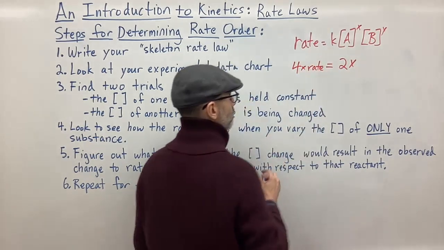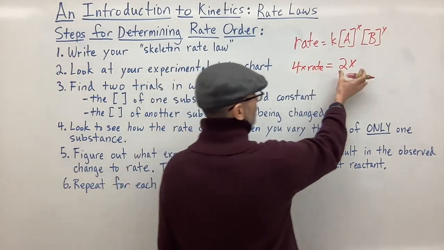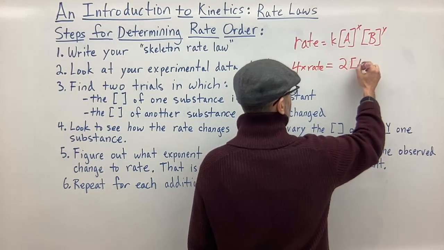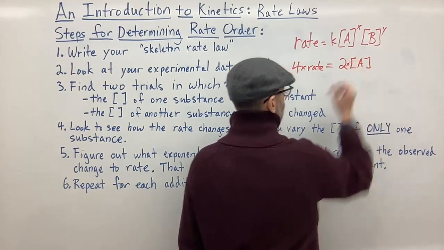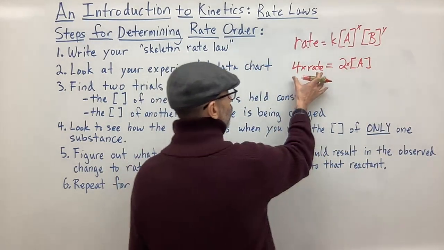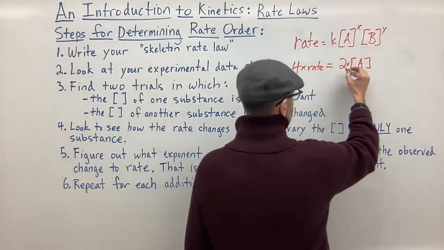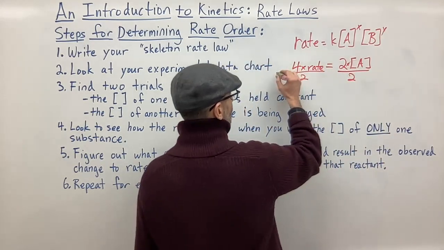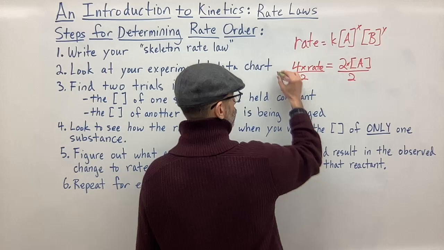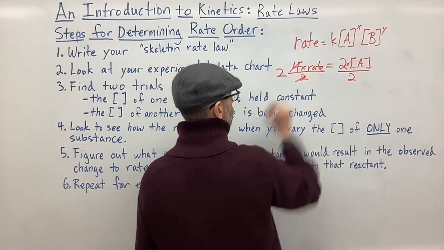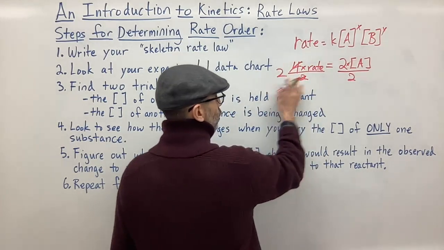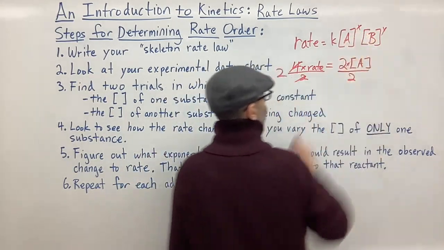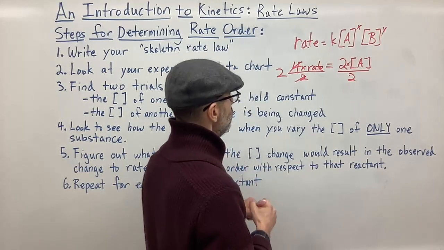So I double the concentration of A, and I quadruple the rate, multiplied by 4. Well, if I divide both sides by 2, then I get 4 over 2, which is 2. So it's a doubling of this. So my order here, my exponent, is going to be 2.